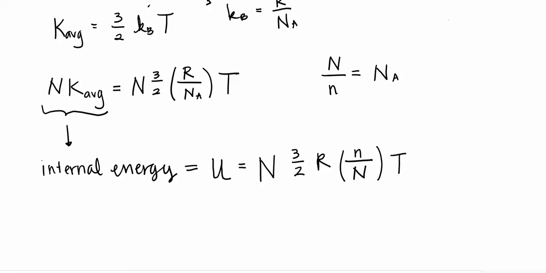So then the energy stored in the whole container would be 3/2, the capital N for the number of particles cancels out, little n, the number of moles, R, the gas law constant, times T. So by adding energy to the system, we have increased the thermal energy, or the internal energy.